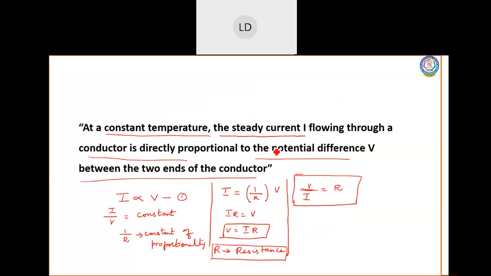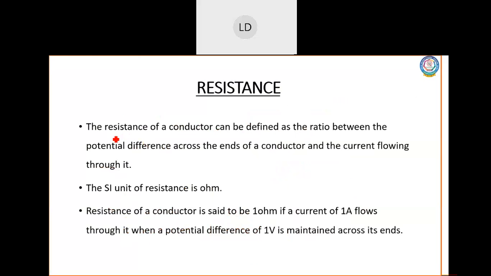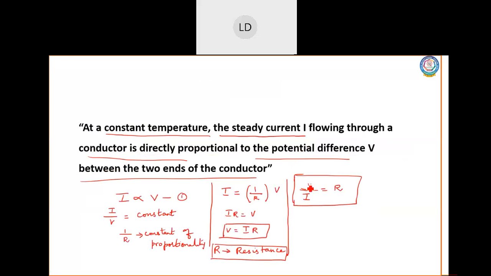So the resistance of a conductor is defined as the ratio between the potential difference across the ends of the conductor and the current flowing through it. This is what I wrote here as V by I, the ratio of potential difference across the ends of the conductor to the current flowing through it is nothing but resistance.